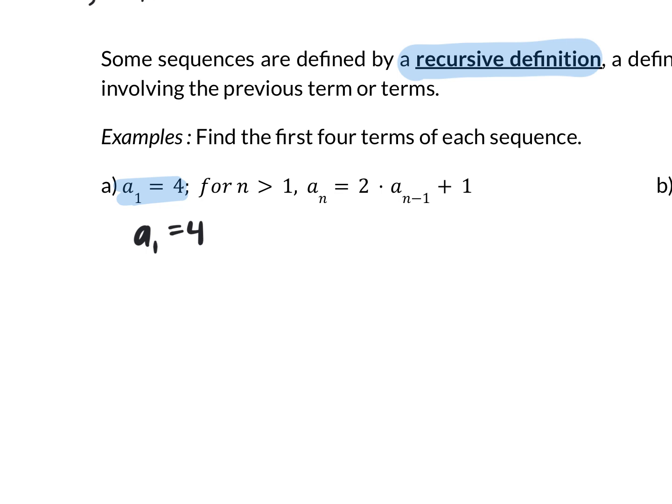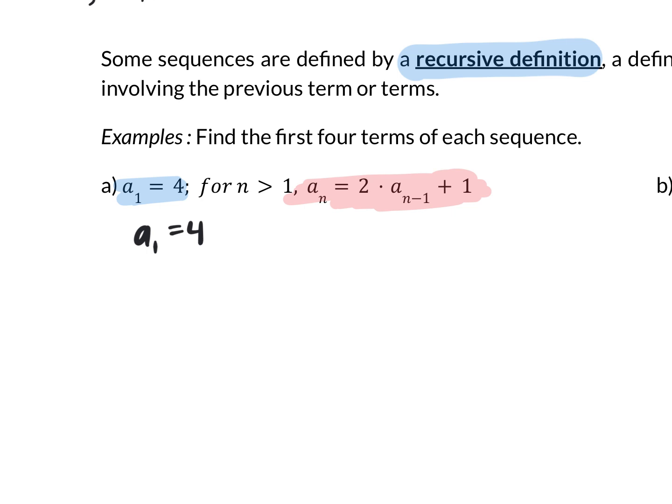But my second equation that I'm given here is a sub n equals 2 times a sub n minus 1. What does that mean? What is a sub n minus 1? If I plugged in 2 because I wanted to find my second term in the sequence, 2 minus 1 would give me 1. So a sub 1 is what here in this case? 4, right? So it's using that previous term.